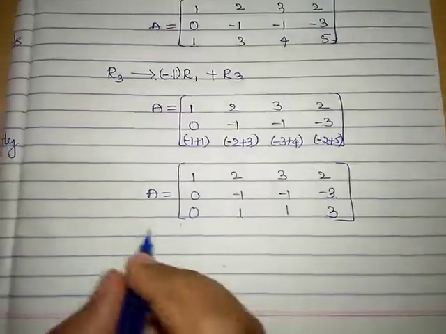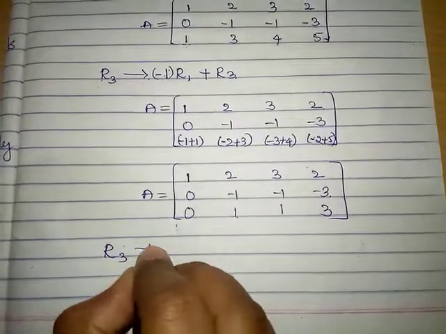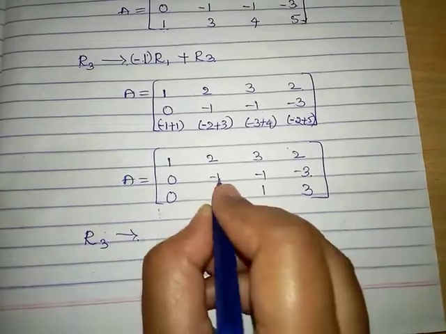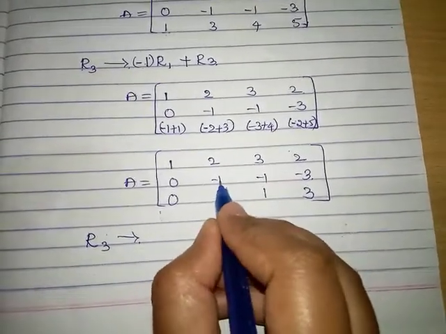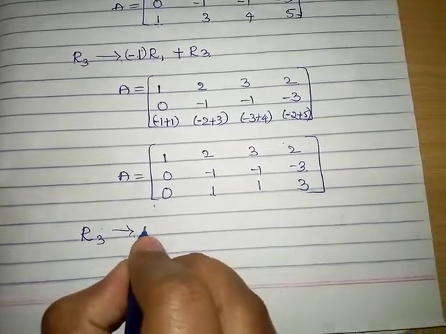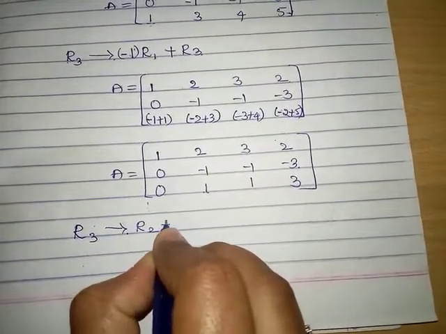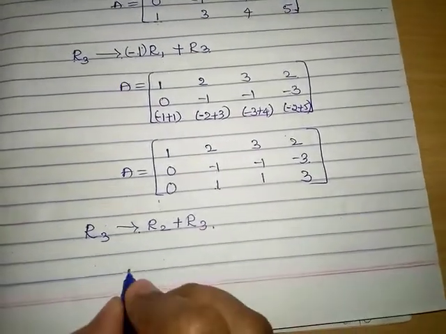To make this element 0, I will apply the transformation for R3. R3 changes to, here it is R1, here this is R2. When we add these two, minus 1 plus 1 is 0. Therefore, R2 plus R3, I will apply the transformation.